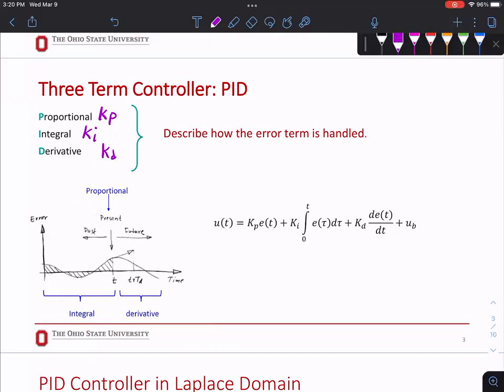Now, your integral controller looks at the past, to see how much error was accumulated, and with what gain I apply to those accumulated errors to fix my current situation. Your derivative controller will say, okay, let's see the behavior of the system. How can I predict the future and compensate for what will happen in the future? That's the derivative.